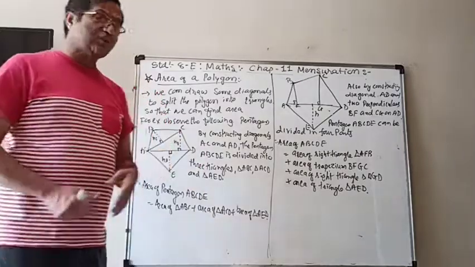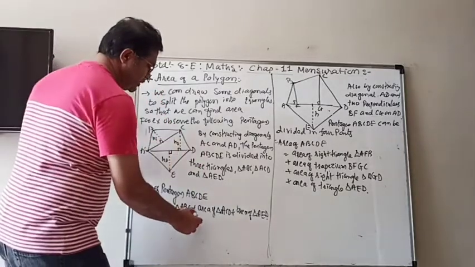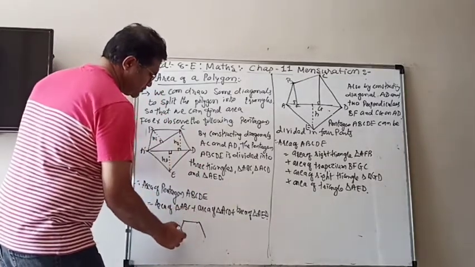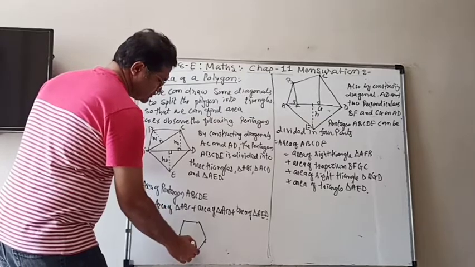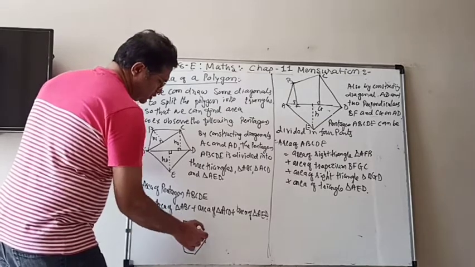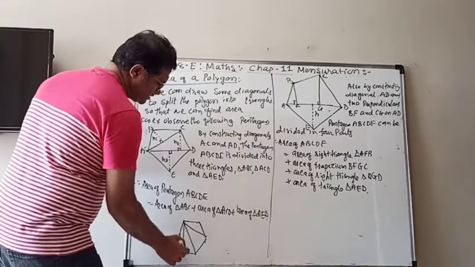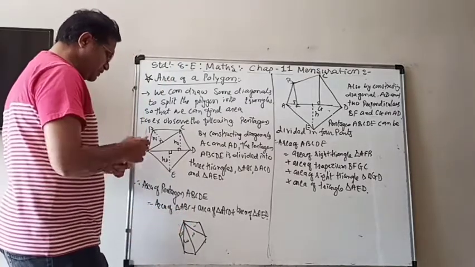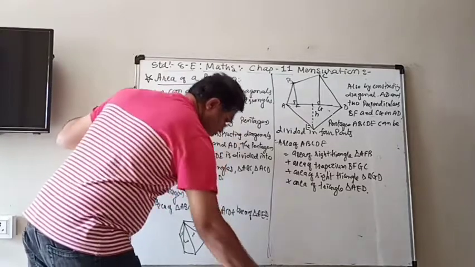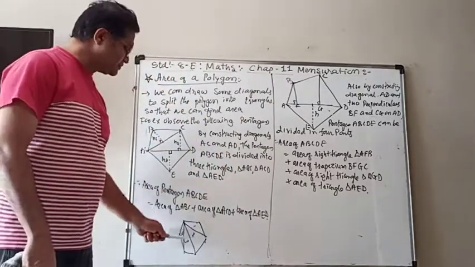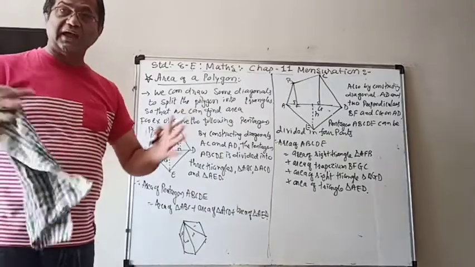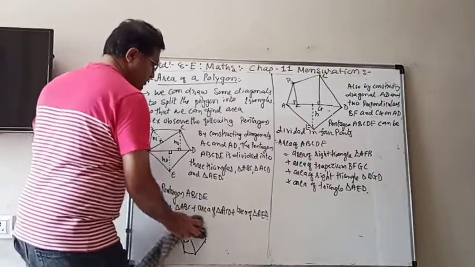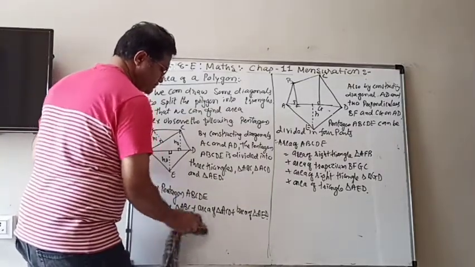If it is a hexagon also, like that, 1, 2, 3, 4, 5 and 6. In hexagon also you can draw 1, 2 and 3 diagonals, and you will get 4 triangles. So by finding the areas of all the 4 triangles and adding them, you can find the area of the whole hexagon.